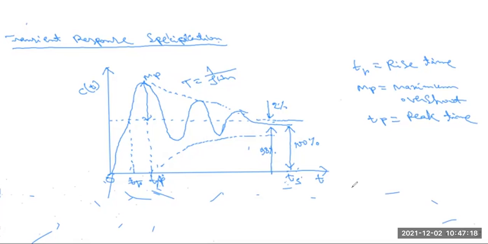In this region TR is called the rise time. The peak value of the positive region is MP, the maximum overshoot. Another one is TP, the peak time. These three terms are very important, so we have to conclude one by one. First, the rise time, that is TR.